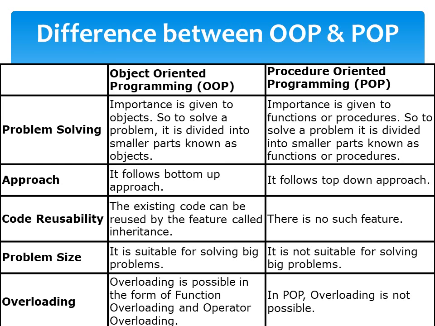Fourth, problem size. Object oriented programming is suitable for solving large and complex problems, whereas procedure oriented programming is suitable for solving smaller programs that are not complicated.